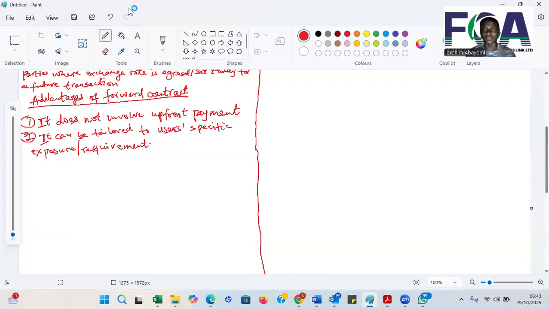If I buy another contract, it hedges another $10,000. That is standardization. But a forward contract is not a standardized contract. You can use it to hedge any amount of exposure. That's another advantage of it.